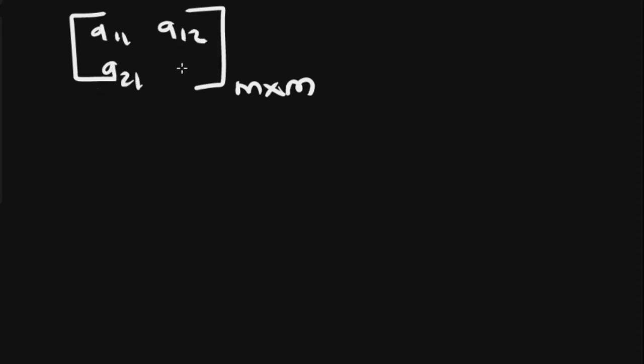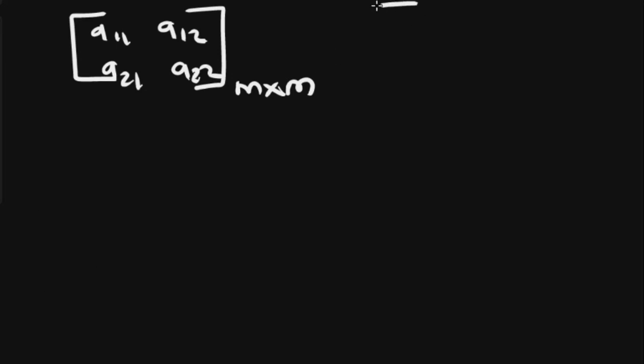For addition, most of the time we take a square matrix, but depending on the case this may change, so m cross m or n cross n. We will take a square matrix which has a11, a12, a21, and a22. These are the basic matrix.